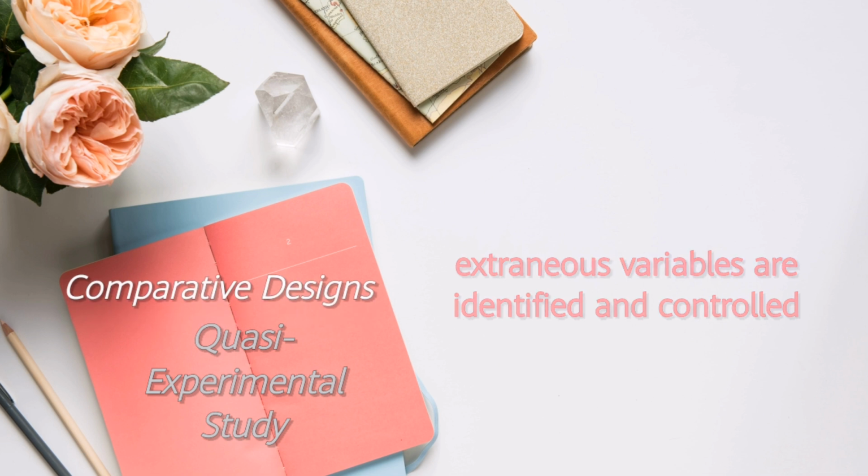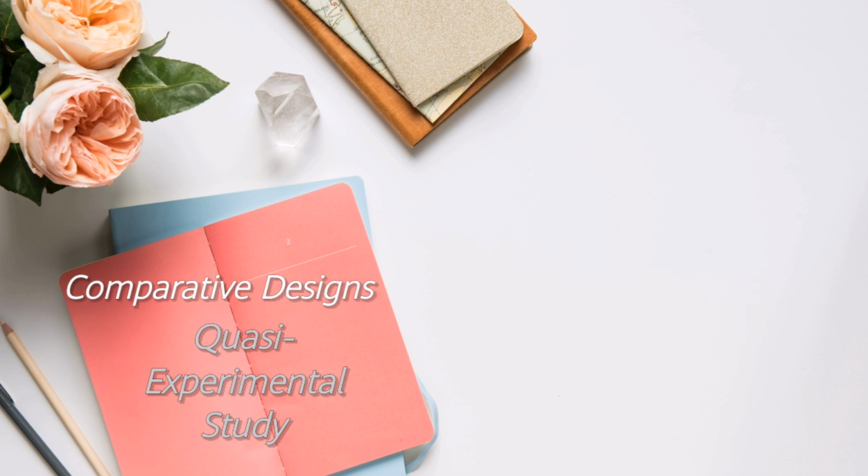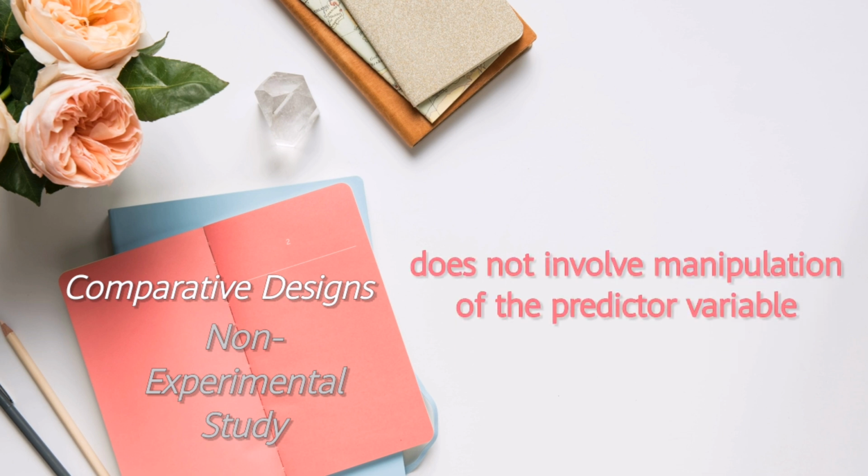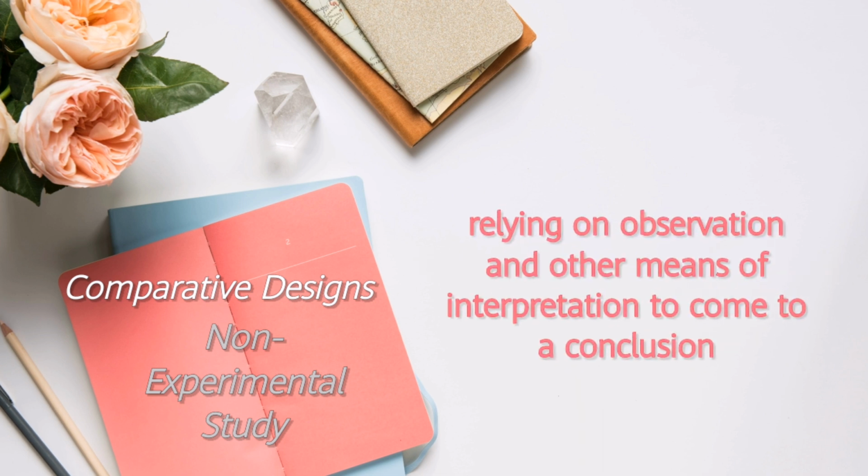Unlike experimental study, wherein researchers have to manipulate and control the predictor variable, non-experimental study does not involve manipulation of the predictor variable. Thus, a researcher may just rely on observation and other means of interpretation to come to a conclusion.